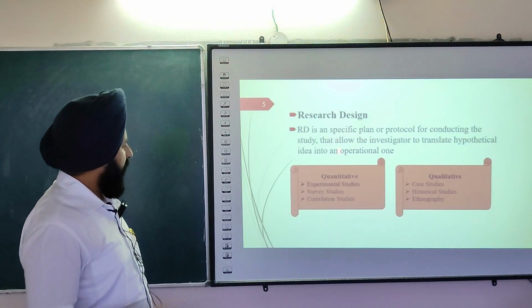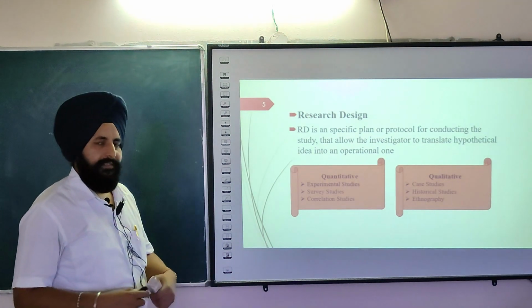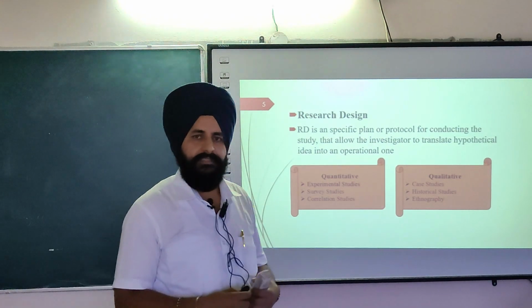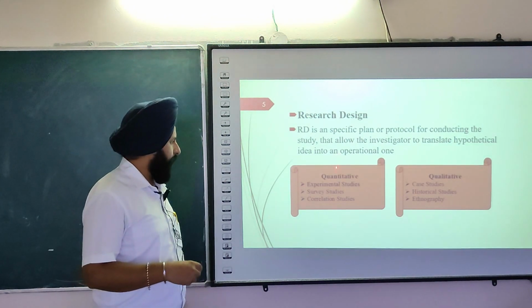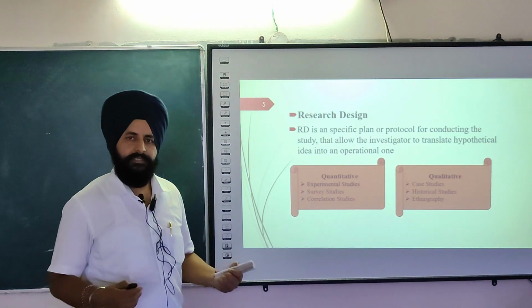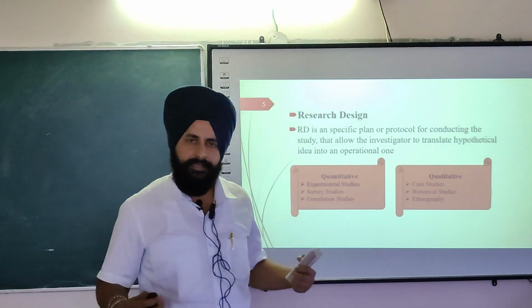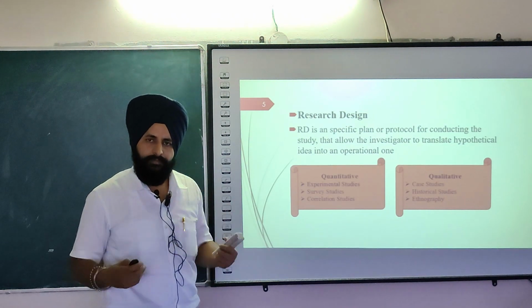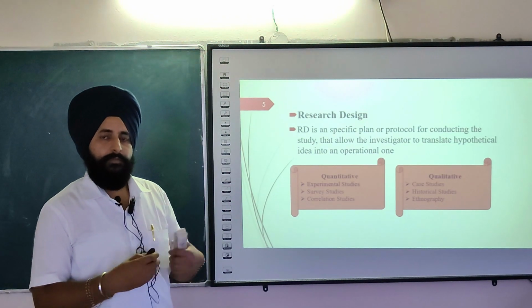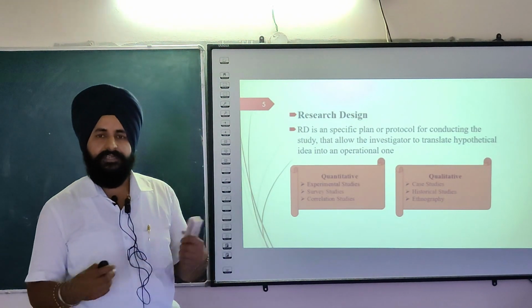Now coming to the next research design, there are two types of study. One is called quantitative, another is called qualitative. It is very simple. Quantitative means we are looking at things that can be quantified, for example the weight of any substance or the weight of any human body. Qualitative means these are the characters.